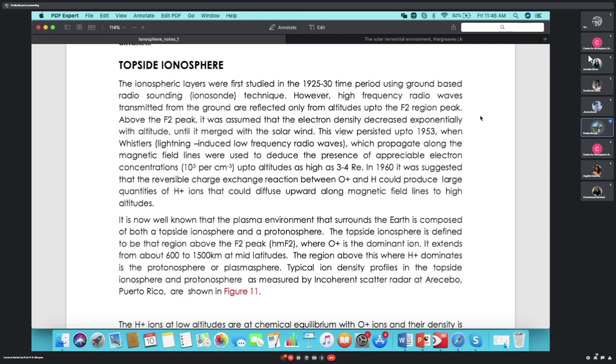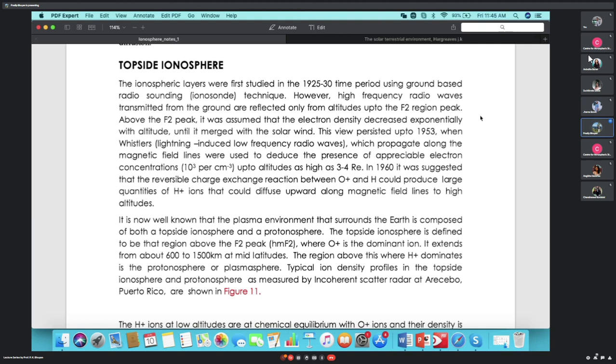F2 is the region where you get the maximum frequency which will be reflected, and above that the ionosphere was assumed to decrease exponentially, following the expressions Chapman gave and later when diffusion terms and other terms were added.